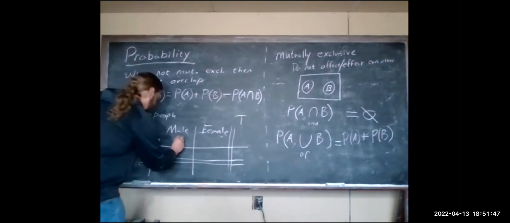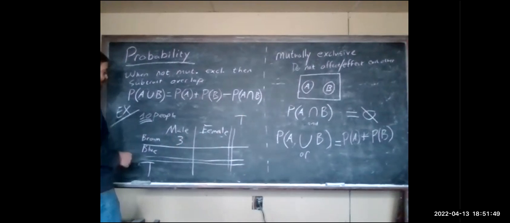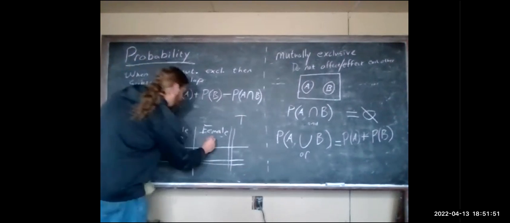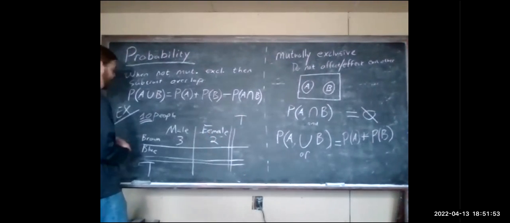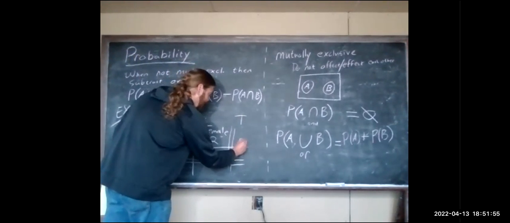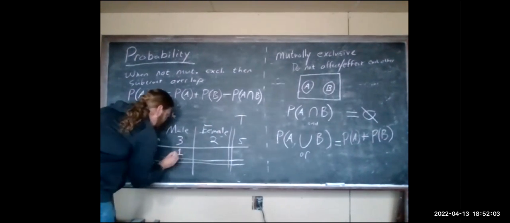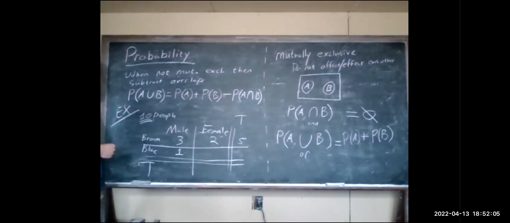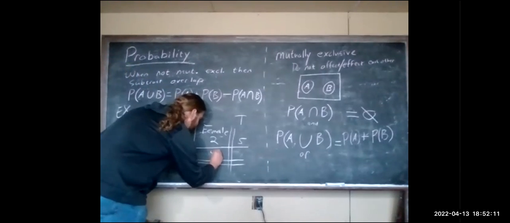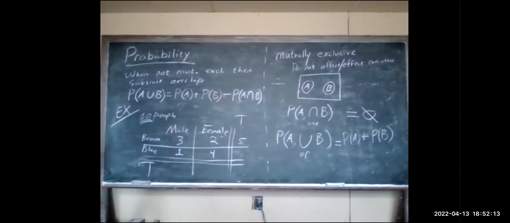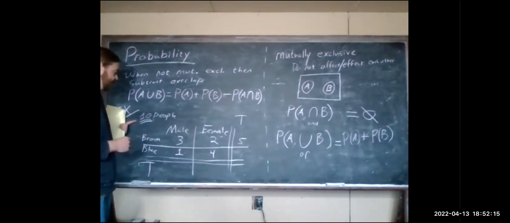So what do we have up here? We have 3 males, or 3 men, with brown eyes and 2 women with brown eyes, giving a total of 5 people with brown eyes. One of our 10 people was a man with blue eyes, and 4 of the women we counted had blue eyes.